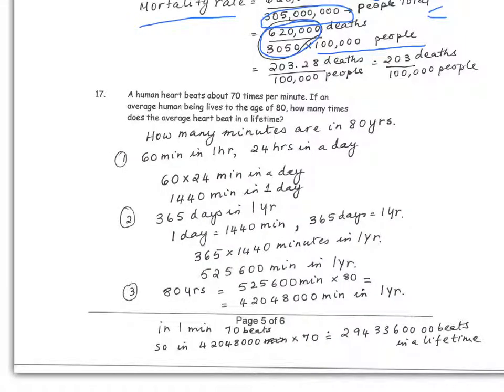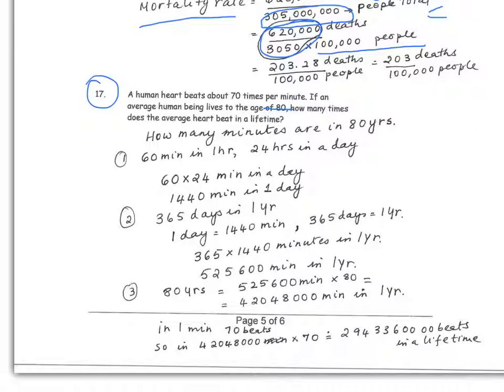The next problem gives us some information. A human heart beats about 70 times per minute. So in 1 minute, the human heart beats about 70 times. If an average human being lives to the age of 80, how many times does the average heart beat in a lifetime?